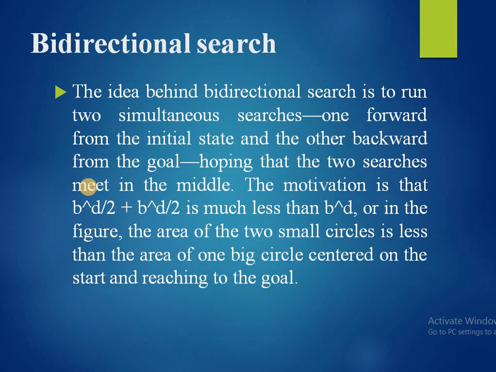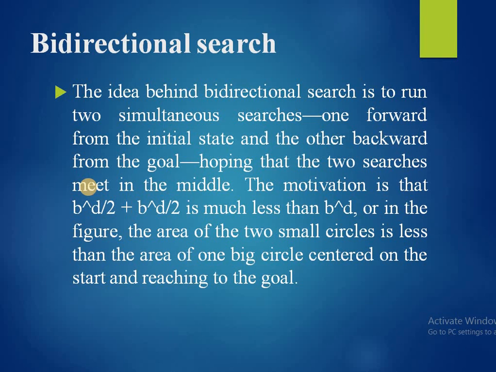The idea behind bidirectional search is to run two simultaneous searches, one forward from the initial state and the other backward from the goal, hoping that the two searches meet in the middle. The motivation is that b raised to d by 2 plus b raised to d by 2 is much less than b raised to d.